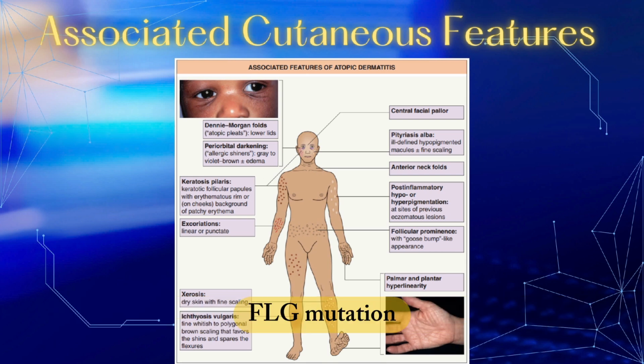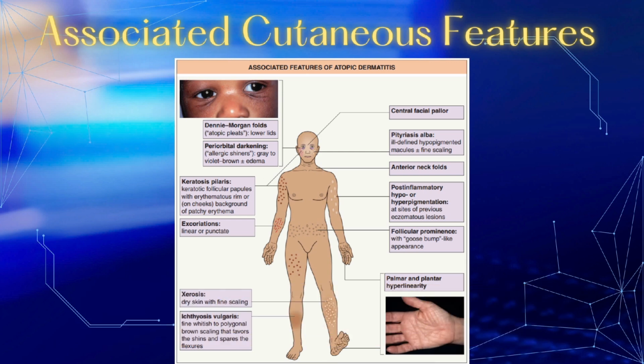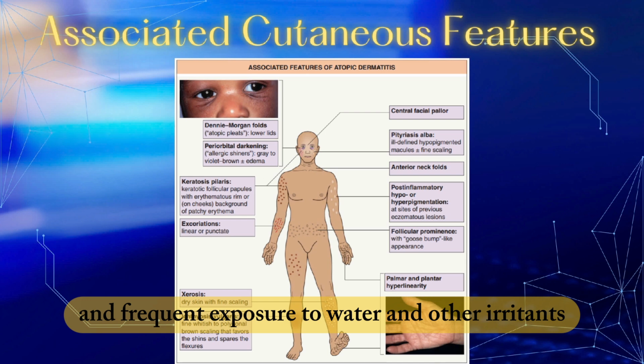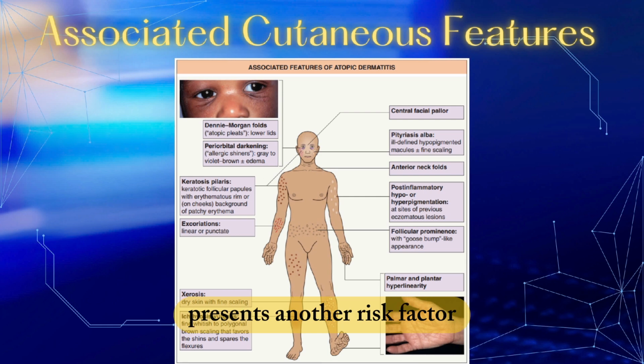FLG mutations are associated with increased likelihood of hand eczema in children and adults, and frequent exposure to water and other irritants in household or occupational settings represents another risk factor.